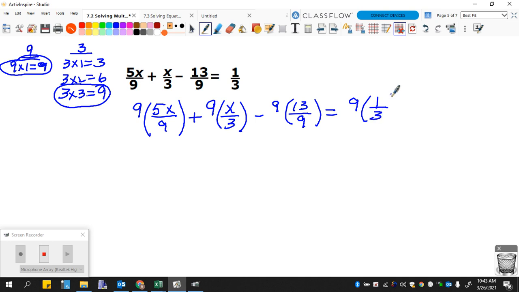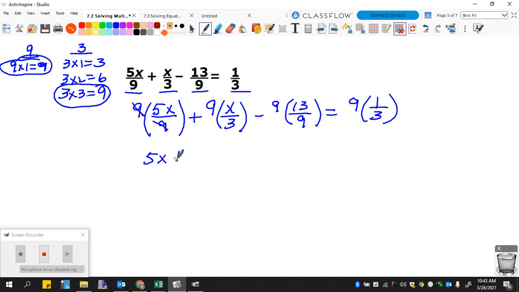And notice here that we multiplied 9 times each one of these terms, here, here, here, and here. Each one of them. Well, so these are easy. If they're the same, the 9 on top and the 9 on bottom cancel out. We're left with a 5x, okay?